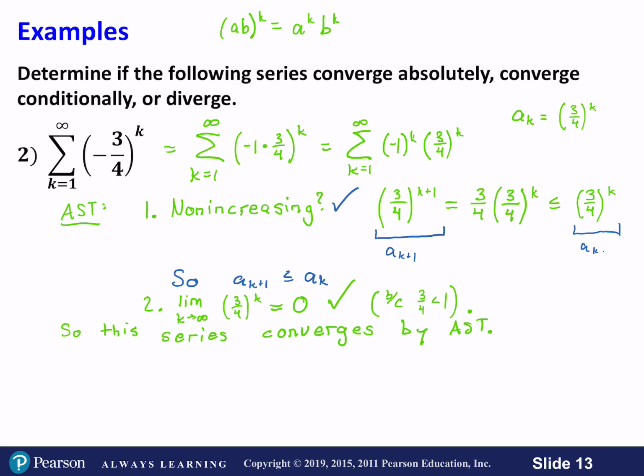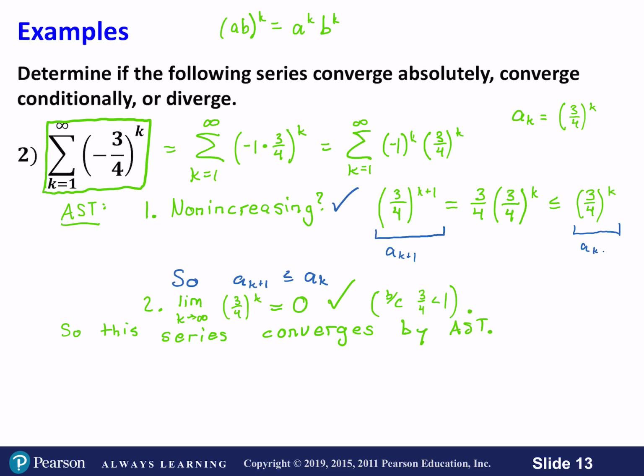Some of you might be asking, why did we go through this trouble? There was an easier way to test whether this thing converged or diverged from the beginning, and you are absolutely correct. This original series, if you look closely, is a geometric series where r is equal to negative 3/4, and the absolute value of r is 3/4, which is less than 1.